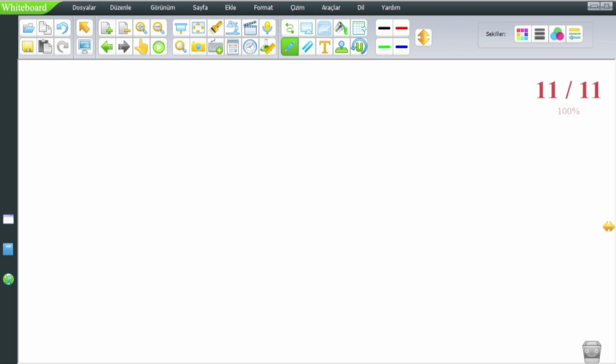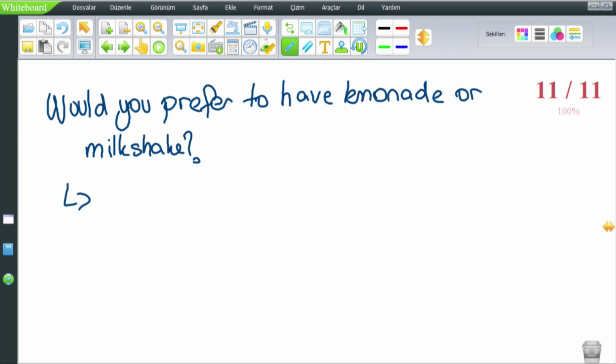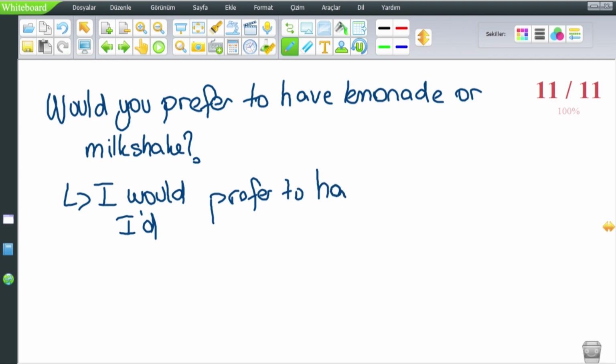Another example: would you prefer to have lemonade or milkshake? I can answer this question like this. I would, or I can use it like this, I'd prefer to have lemonade, for example.